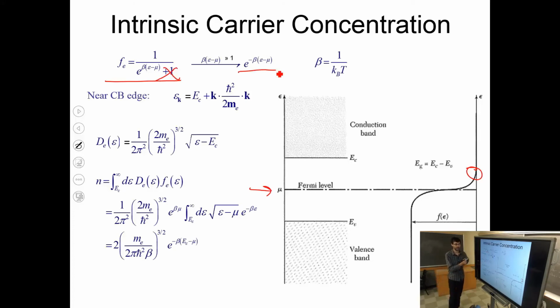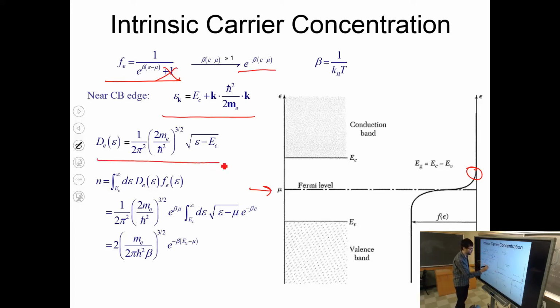Now, what is the form of this energy? That is just a quadratic dispersion relation close to the bottom of the conduction band. Close to the bottom of the conduction band is just some offset energy for the energy minimum, EC, and then a parabola on top of that.